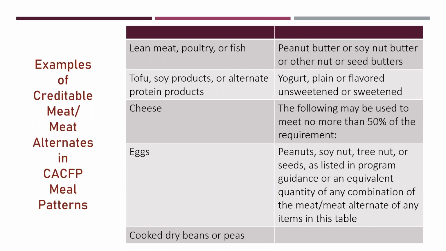The following may be used to meet no more than 50% of the requirement: peanuts, soy nuts, tree nuts, or seeds as listed in program guidance, or an equivalent quantity of any combination of the meat alternates of any items in this table.